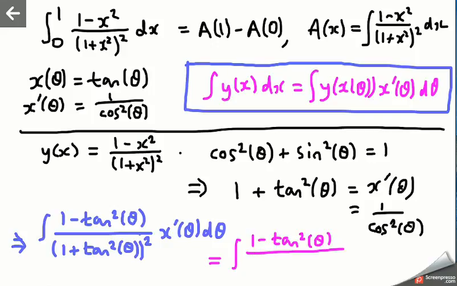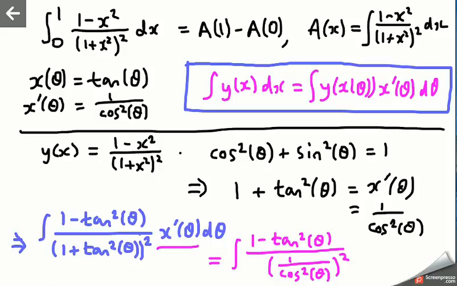But on the bottom, what we just worked out before is that 1 plus tangent of theta squared is the same as 1 divided by cosine of theta squared, which is exactly x prime of theta. So what we've got on the bottom is 1 divided by cosine of theta squared, and that's being squared because we've got 1 plus tangent of theta squared, and then that whole thing's squared.